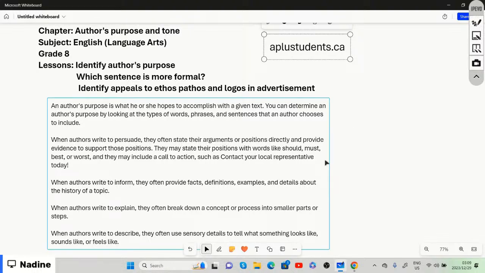An author's purpose is what he or she hopes to accomplish with a given text. You can determine an author's purpose by looking at the type of words, phrases, or even sentences that an author chooses to include in his text.